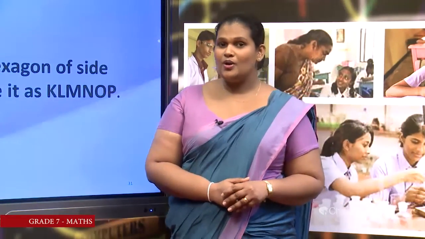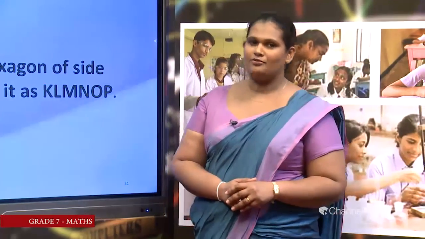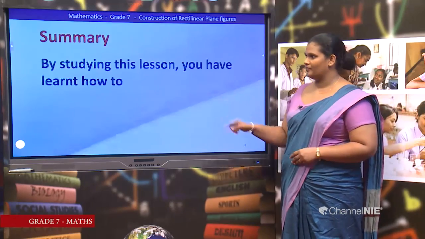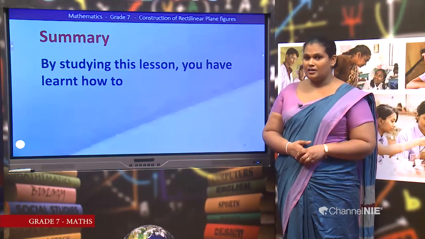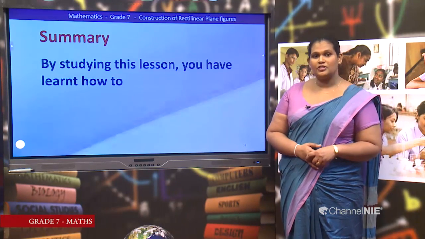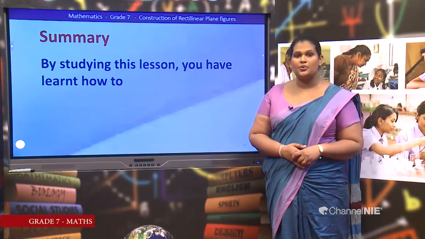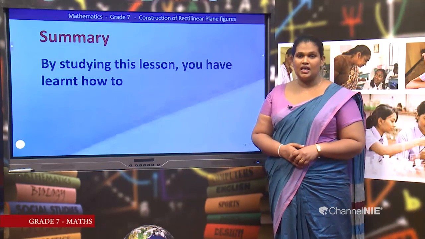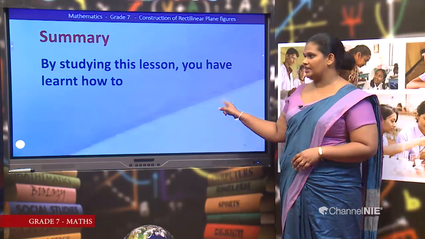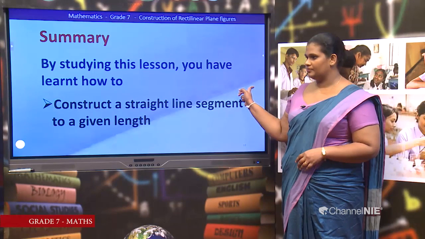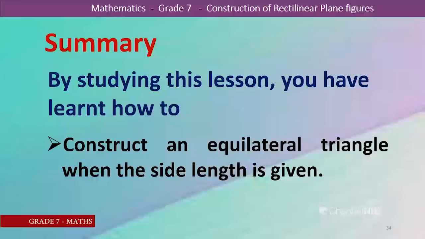Okay, now we will move on to the summary of the lesson. Right, now we have learned first of all how to construct a straight line segment to a given length. Then we have learned how to construct an equilateral triangle when the side length is given.